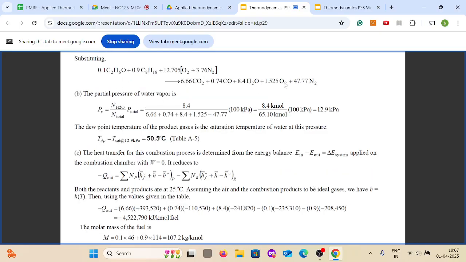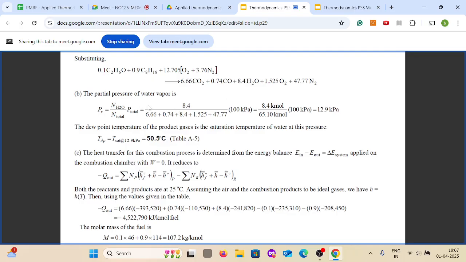So this is the final balanced equation for the incomplete combustion given in the problem. We have 0.1 moles of ethanol plus 0.9 moles of octane reacting with 12.705 moles of air to form 6.66 moles of CO2, 0.74 moles of CO, 8.4 moles of water, 1.525 moles of oxygen, and 47.77 moles of nitrogen.